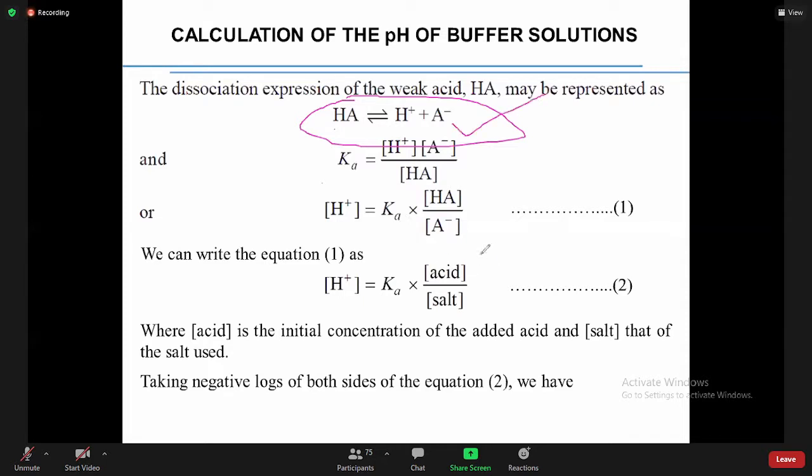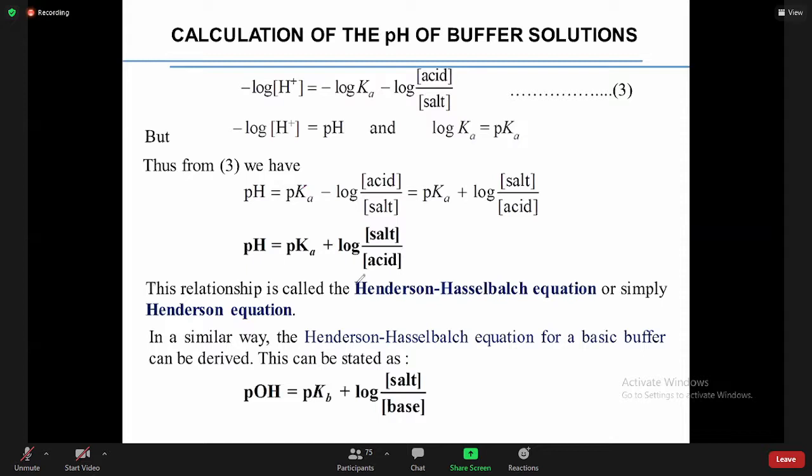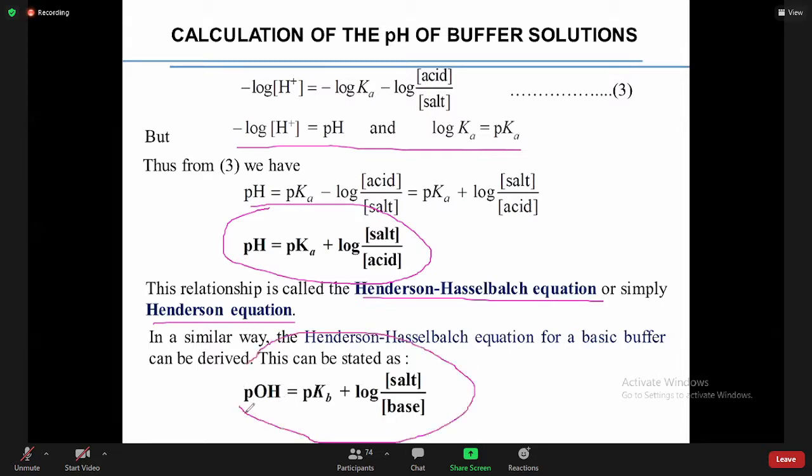From the dissociation of a weak acid we can derive the Henderson-Hasselbalch equation. This is the Henderson-Hasselbalch equation for an acidic buffer solution, right? In a similar way, we can derive the equation to calculate the pH of a basic buffer solution.